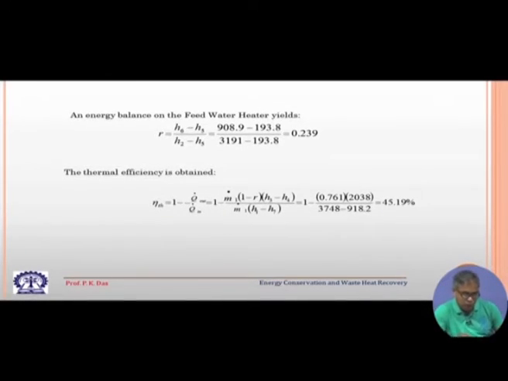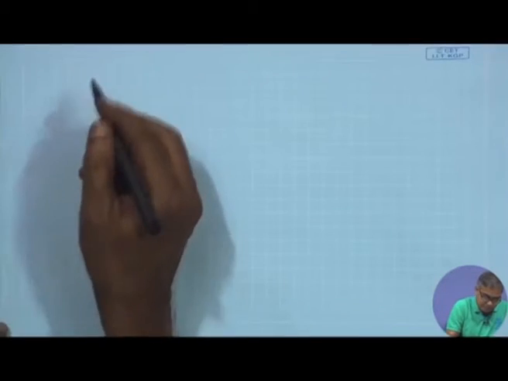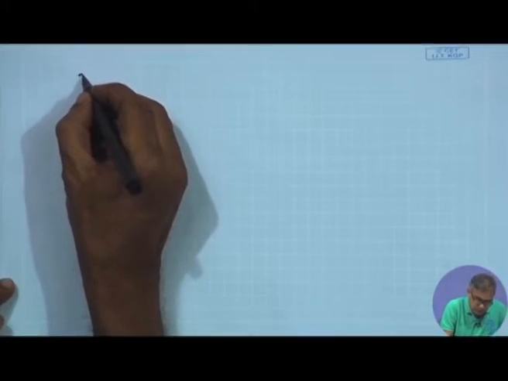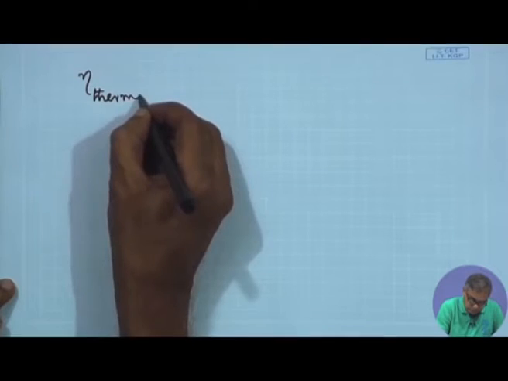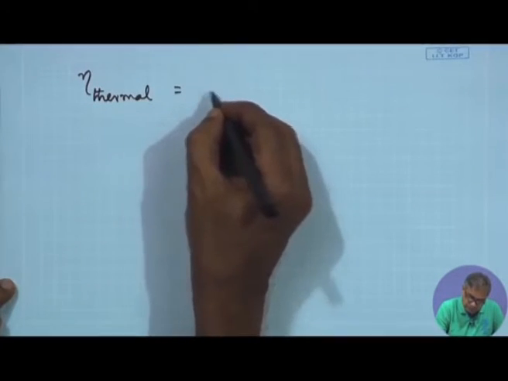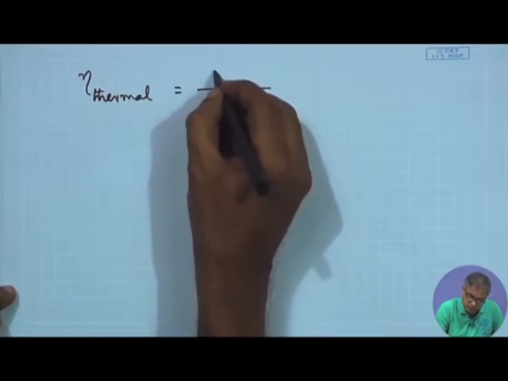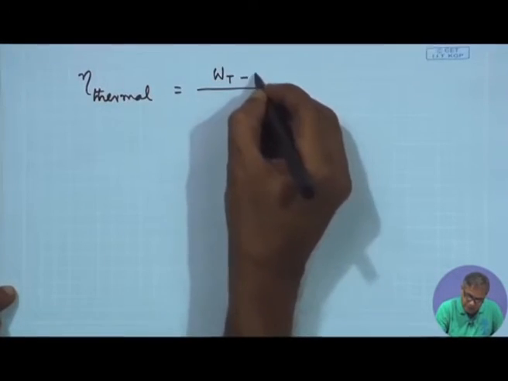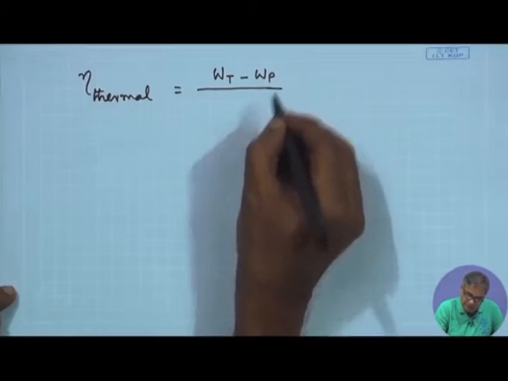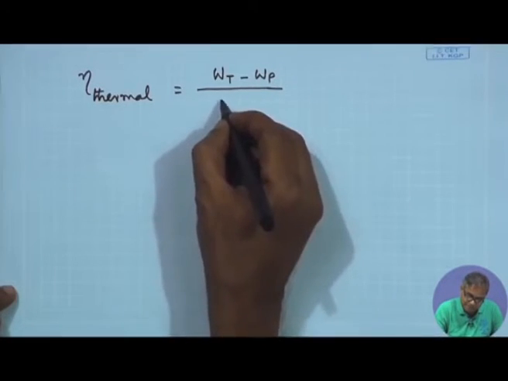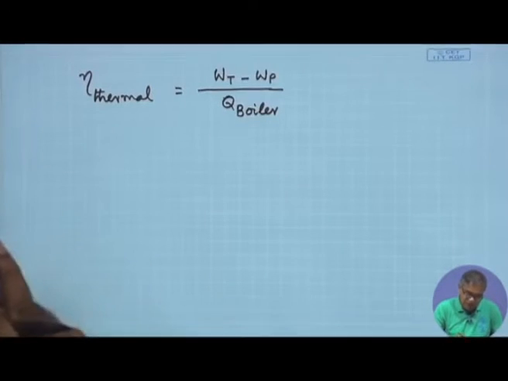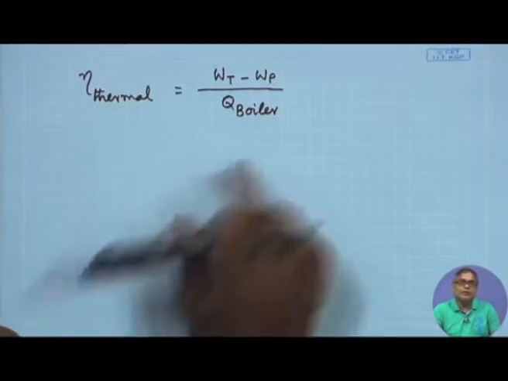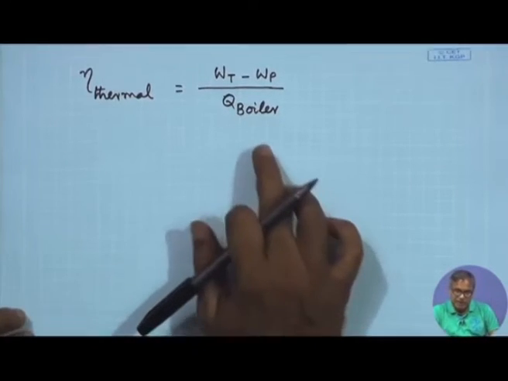We can simply do eta thermal is equal to W turbine minus W pump divided by Q boiler, because that is the amount of thermal energy we are taking from the boiler.